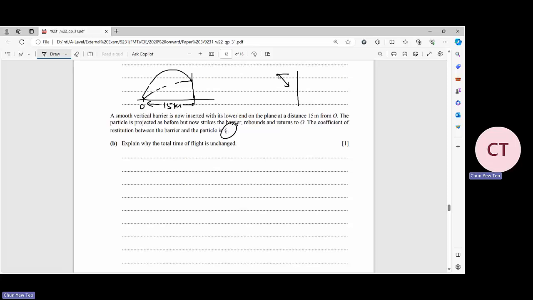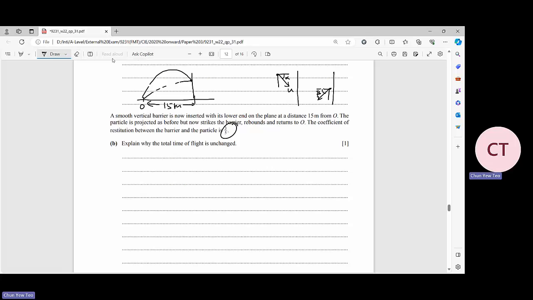Let's say this is V, maybe we call this one U. This angle, maybe this angle is alpha. Okay, so the collision before and after will go like this. After you hit the barrier, then it will go like this. Then this will be an angle beta.